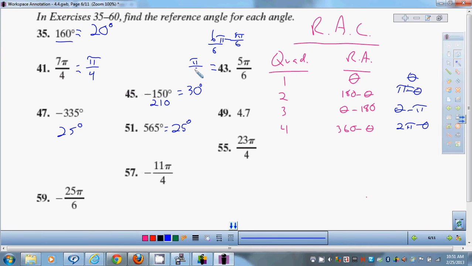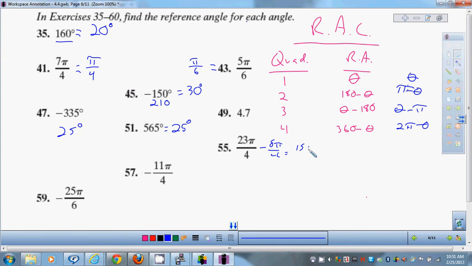Leslie, 23 pi over 4. What do I need to do? That's exactly what we need to do: subtract 2 pi. Now what do I need to do? That's exactly what you're going to have to do.